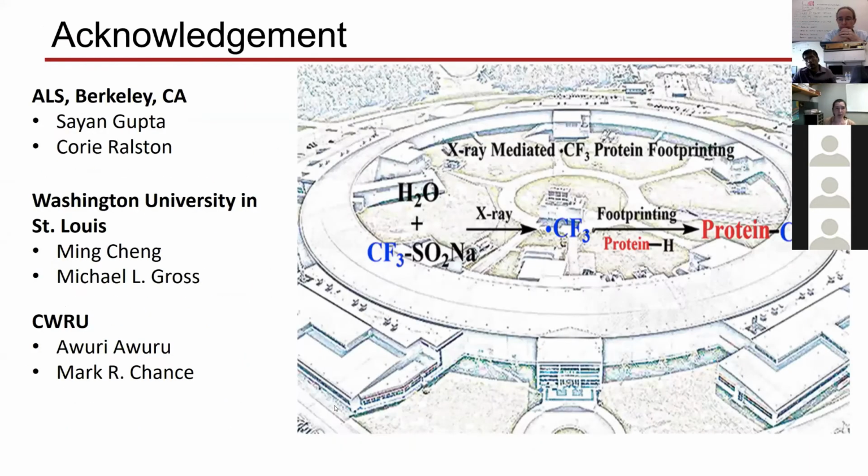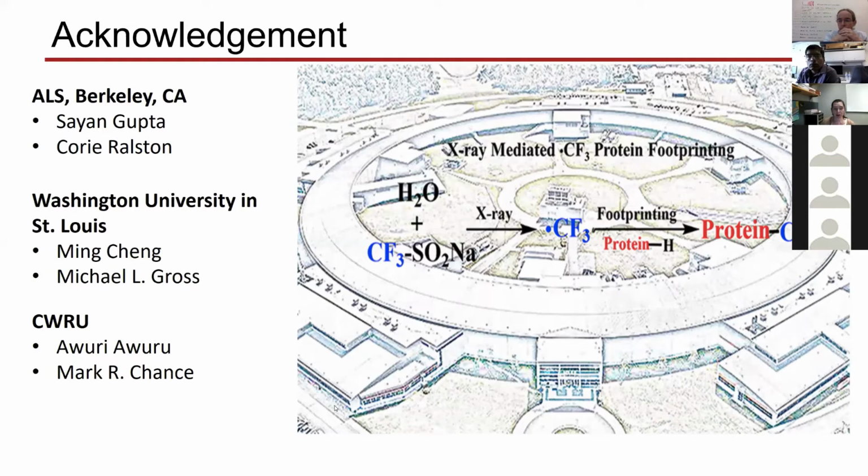At the end, I would like to acknowledge the people who were involved in this project. We exposed the first protein in the study we published. We exposed an ALS protein, and Sayan and Corey helped us. In the current study we're doing at BNL on peptide and protein labeling with CF3, Michael and Min Chan gave us great support and collaboration, and we published a paper together doing the study with CF3.